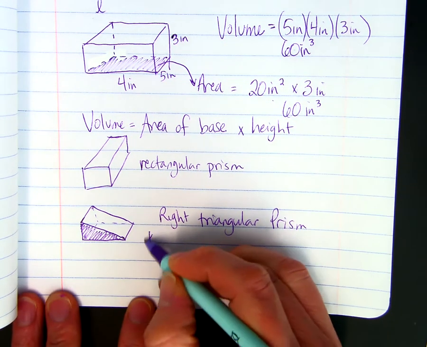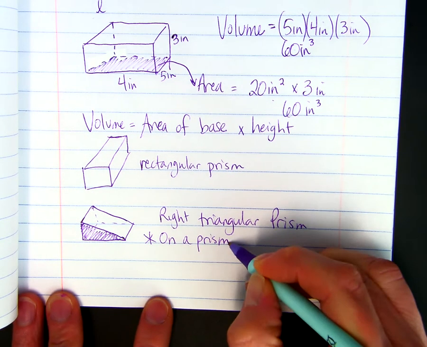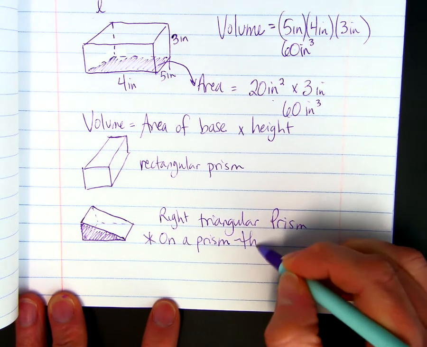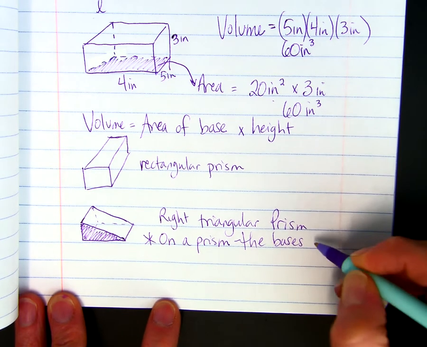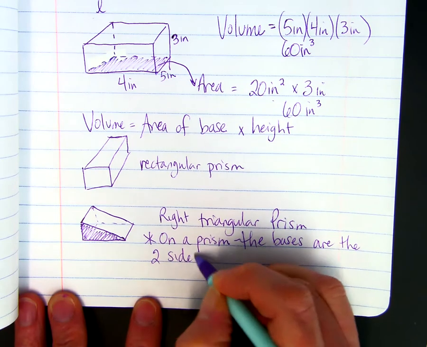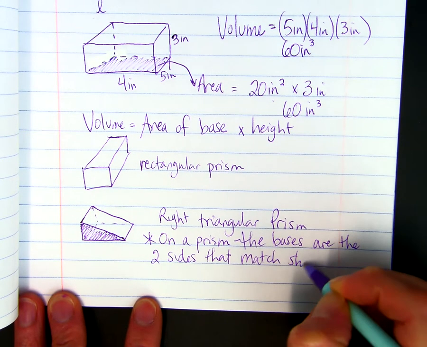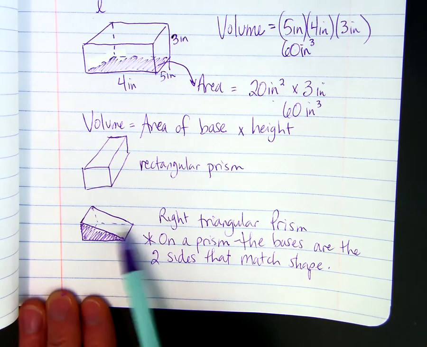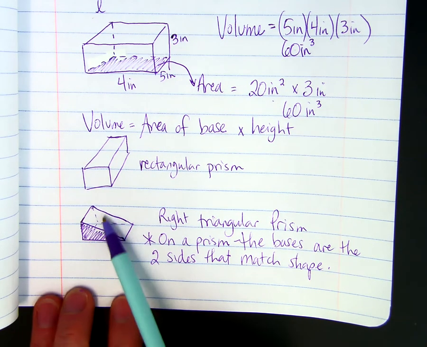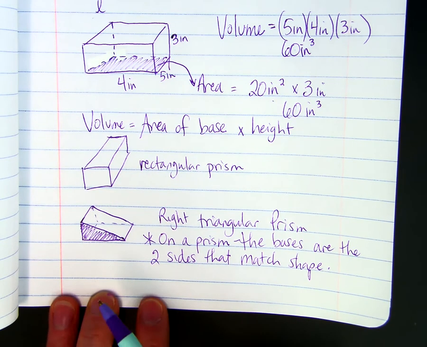So this is key. On a prism, the bases are the two sides that match in shape. So if you look at a triangular prism, the two sides that match are triangles, and that's why it's called a triangular prism.